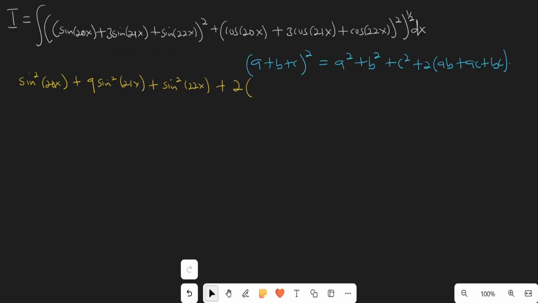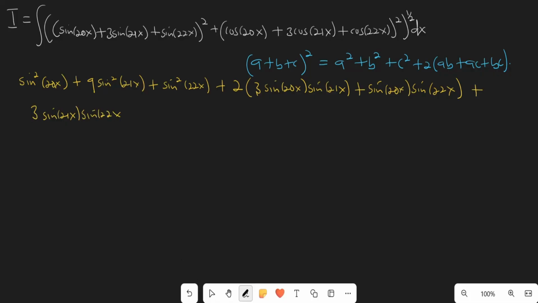The first cross term is this times that, that is 3 times sine of 20x, sine of 21x, plus this times this, that is sine of 20x multiplied by sine of 22x, plus this times that, and that is going to give you 3 sine of 21x, sine of 22x.